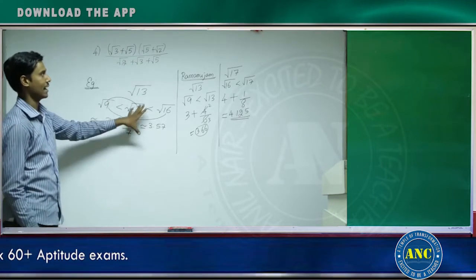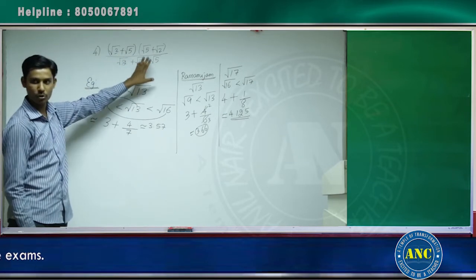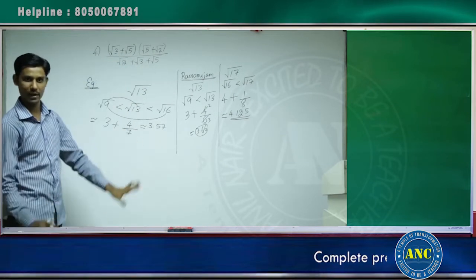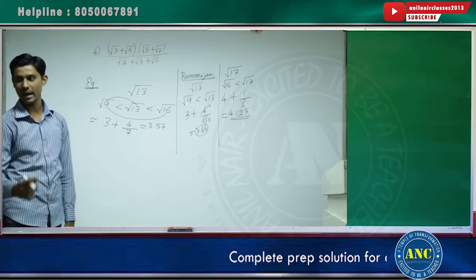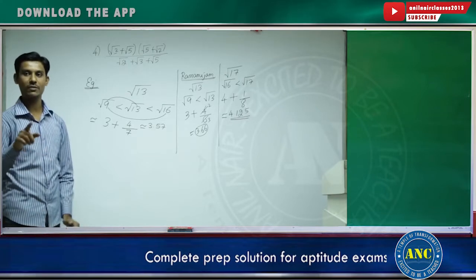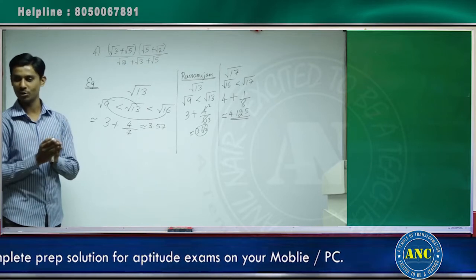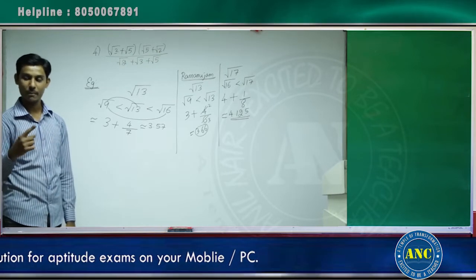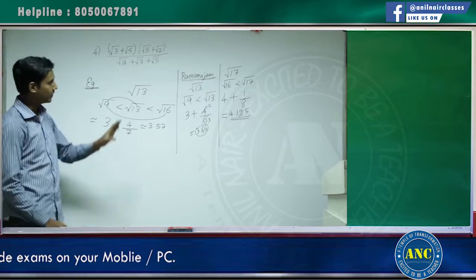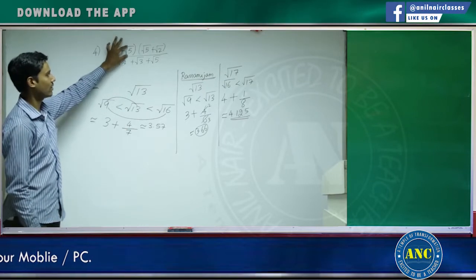If you know those values, substitute those approximate values in the given data, and the same values in the answer options also. The only disadvantage is, if more than one option is very close to each other, then it might not work out. But in some cases it will work out, right? This is also one of the good methods.